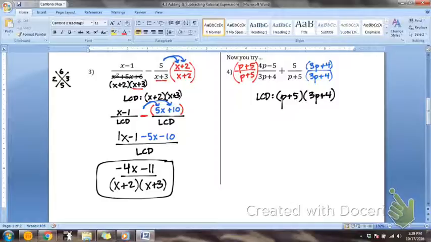When you multiply p plus 5 and 4p minus 5, how do you have to multiply that? You're going to have to use the box, right? Or FOIL. Do you guys agree with that? So when you have your p plus 5 and 4p minus 5 up top here, you're going to have to use the box or you're going to have to FOIL.